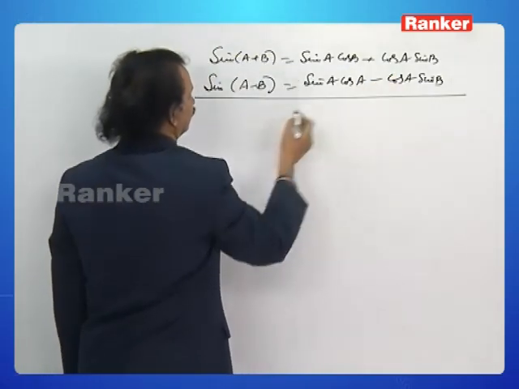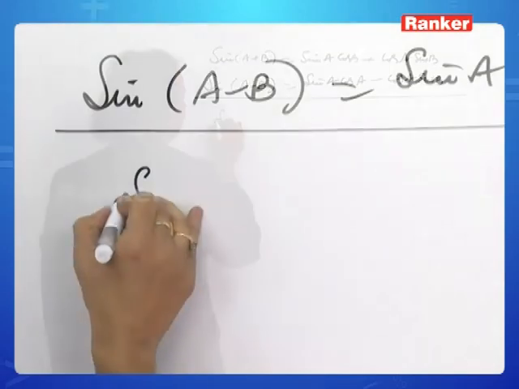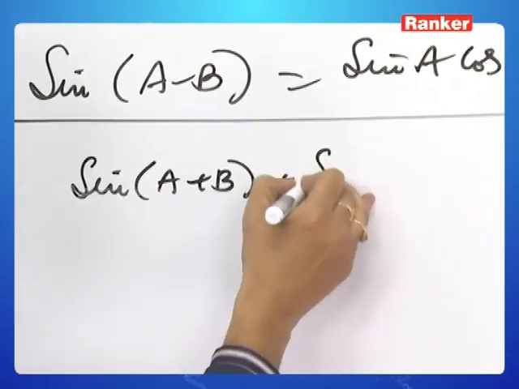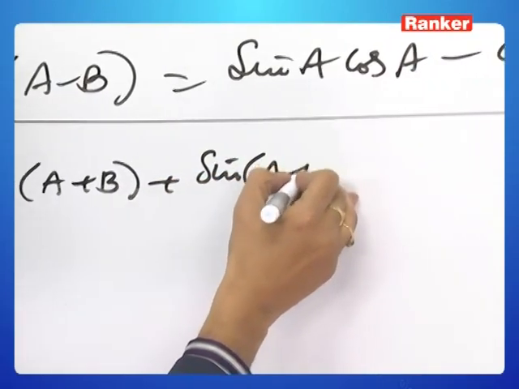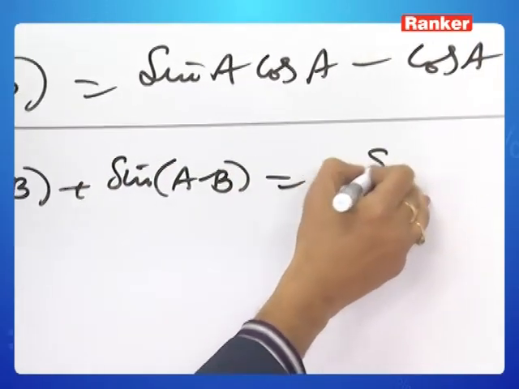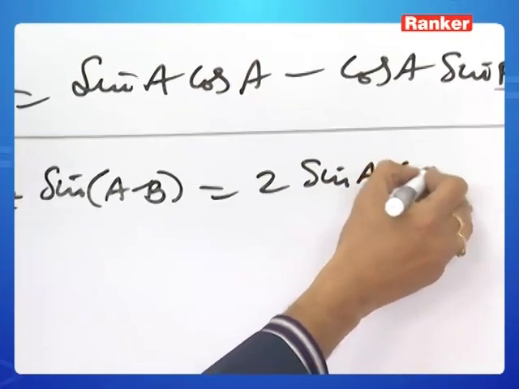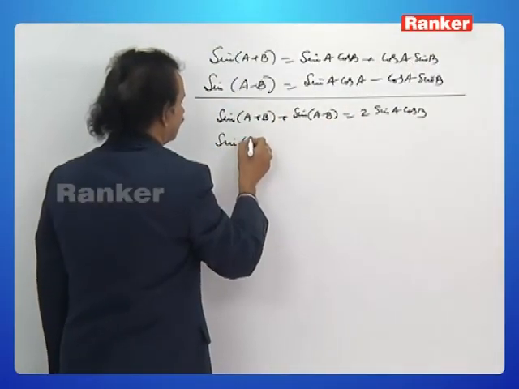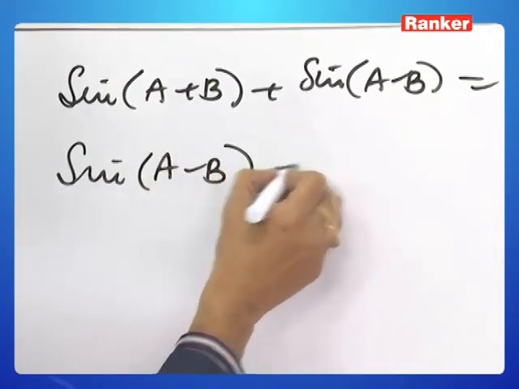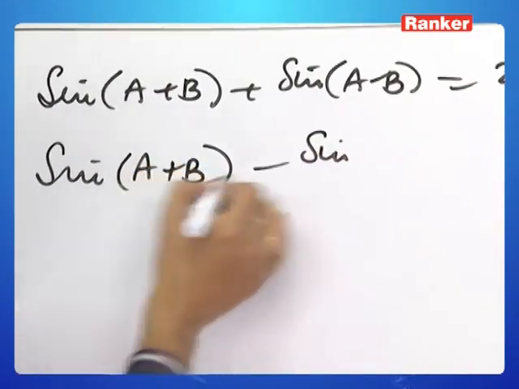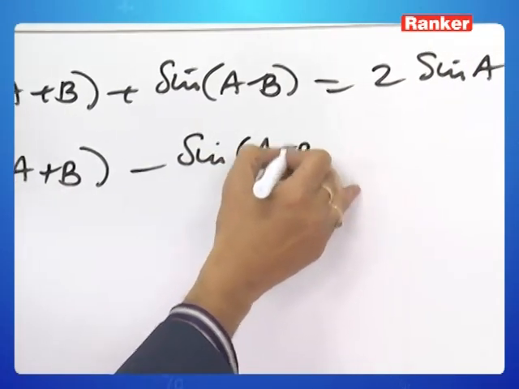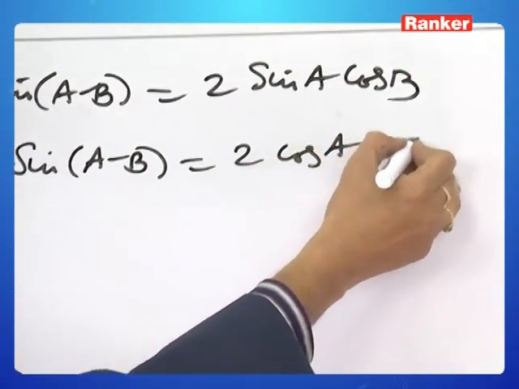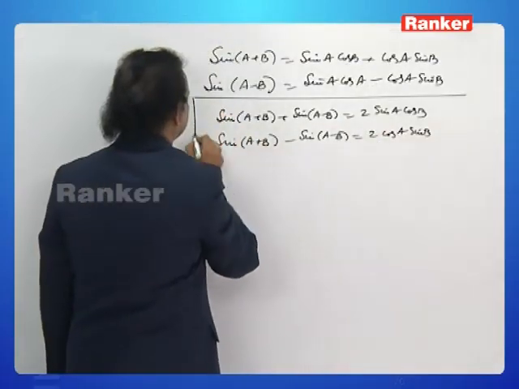These two will be cancelled. 2 sine of A plus B plus sine of A minus B is equal to 2 sine A cos B. And if you subtract them, sine of A plus B minus sine of A minus B is 2 cos A sine B.